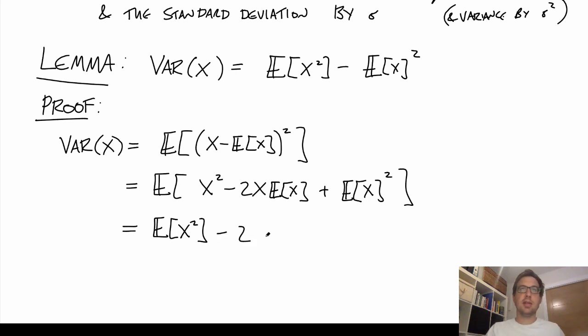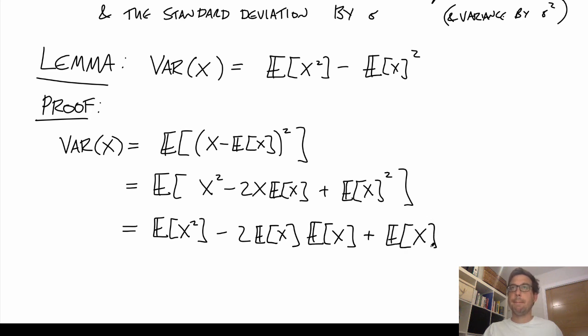So we get minus 2 lots of E of x times the expected value of the random variable x. Finally, this last term is just a constant as far as the expectation is concerned. If I change omega, the outcome, the expected value of x doesn't change. And you can notice this is really just 2 lots of this.